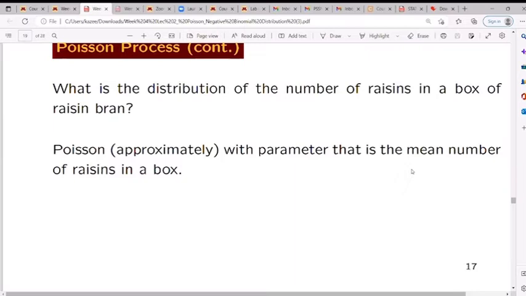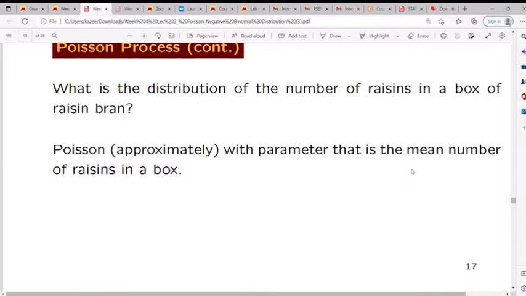Of course, if we conclude that it can be adequately described by a Poisson distribution, then we can use the parameter of the Poisson distribution to take decisions regarding that. Don't forget, the parameter in the Poisson distribution is the mean.